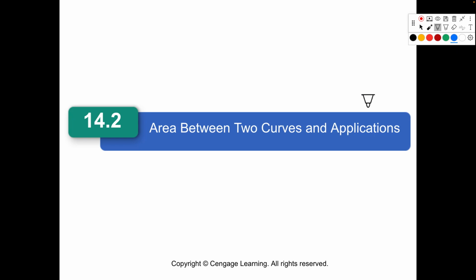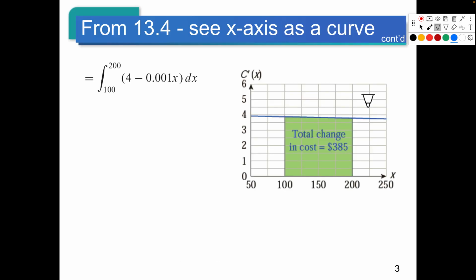Okay, so where I'm going to start is with the partial slide from Tuesday. We talked about this function being the cost of baseball caps, and this was a marginal cost, so we were integrating it. If you go back to that lecture, we worked all the way through it.